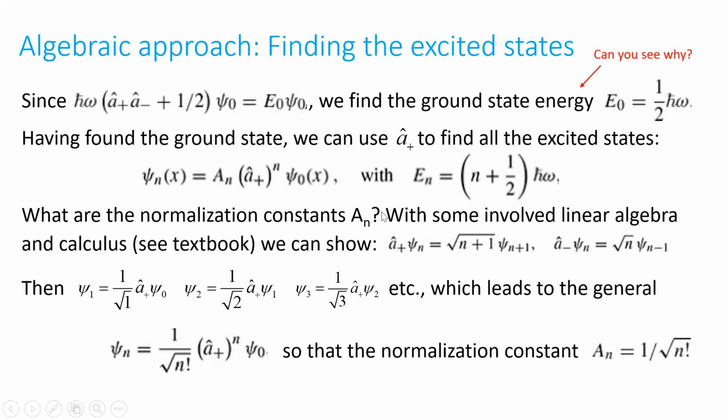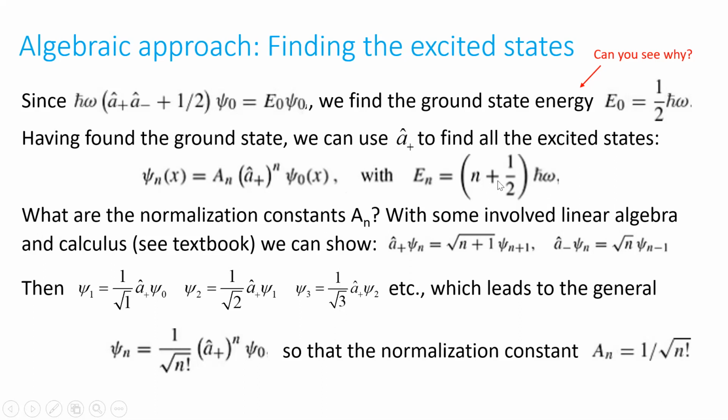We looked at the definition of raising and lowering operators, and how we could write the energy operator for the quantum system in terms of them. We found the ground state for the harmonic oscillator using the properties of the lowering operator. Then we found the energy of the ground state, and then we constructed the excited states by using the raising operator. So we've got a full set of states.